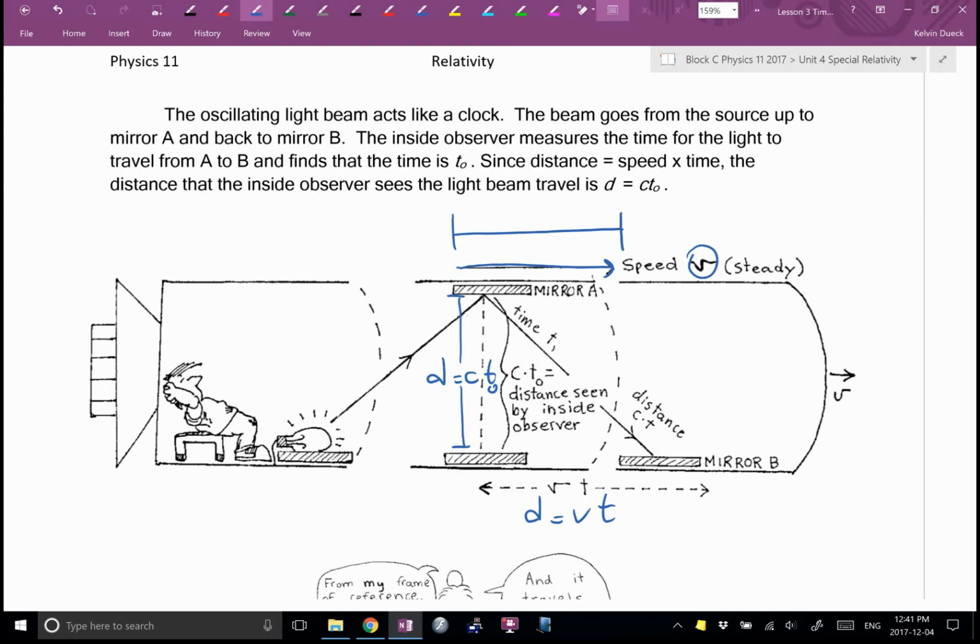Then, I time from my stopwatch how long it takes the beam of light to go from here to there. Now, of course, I see the beam of light travel that way because the spaceship is moving sideways at the same time as the beam is moving down. So if I wanted to write an expression for the distance that the beam of light travels relative to me, I would say that distance is the speed of light times the time that I measured on my stopwatch from my spaceship. Don't write all this down. We're going to do a better picture in a second.